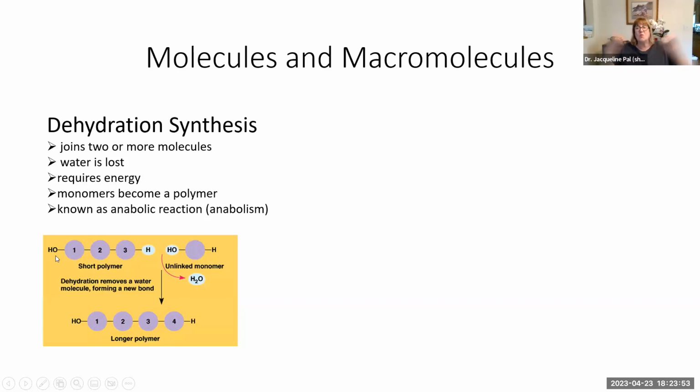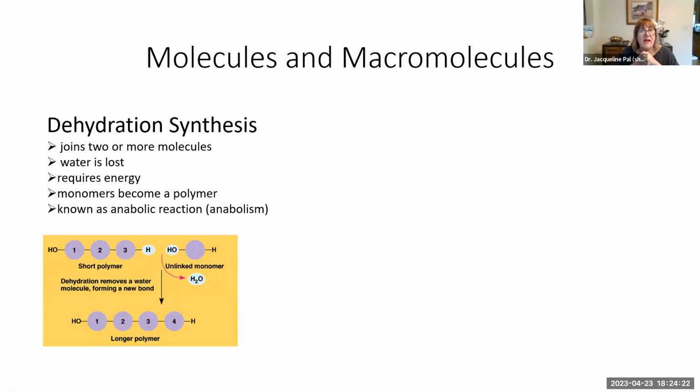In other words, it's a water molecule that has been split, half on this end and half on that end of the molecule. When they join together, the hydrogen ion on one side breaks off, and the hydroxyl on the other molecule breaks off. The 2 join together, and this will be joined to that.